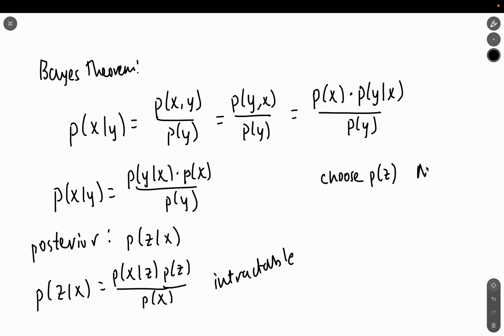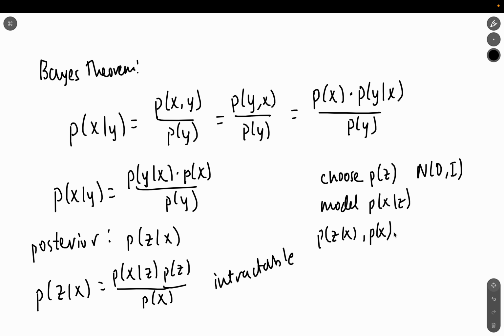That's what we choose to be normal, with mean 0 and standard deviation 1. We can model p of x given z. But p of z given x and p of x are both intractable. So here's where we're at. Let's introduce the solution, and then we'll go over the math.